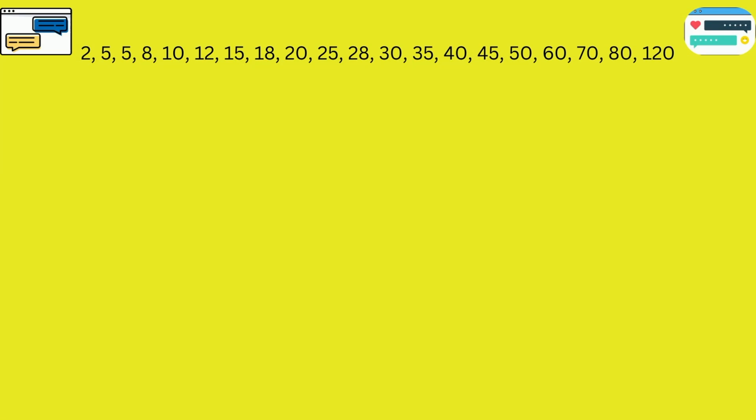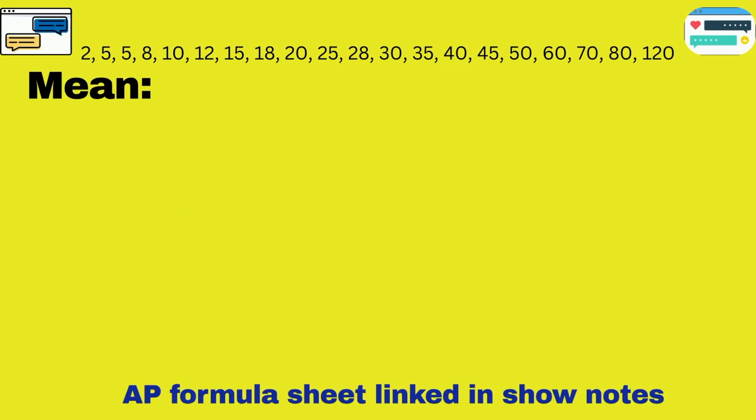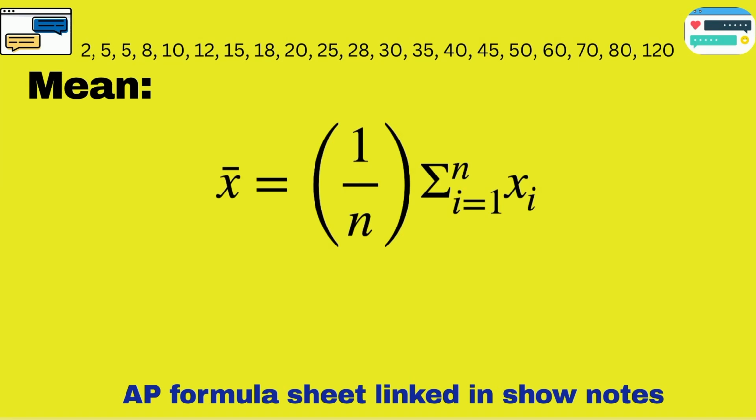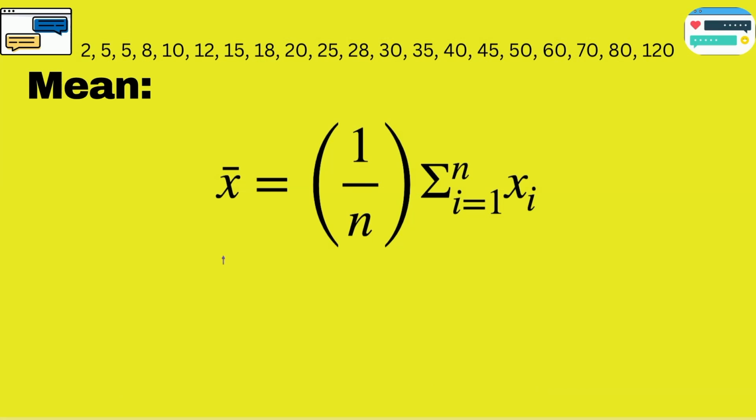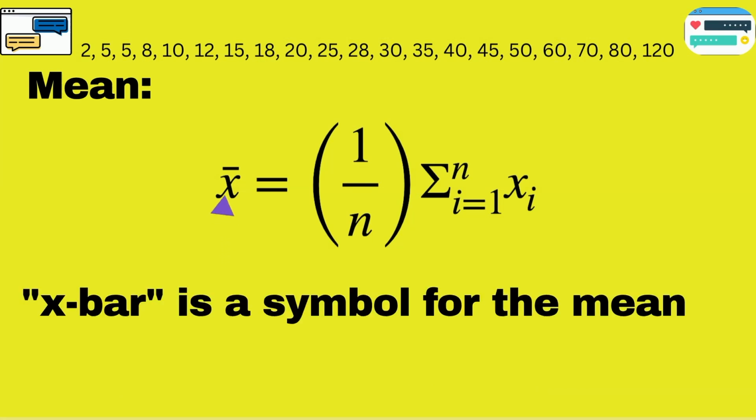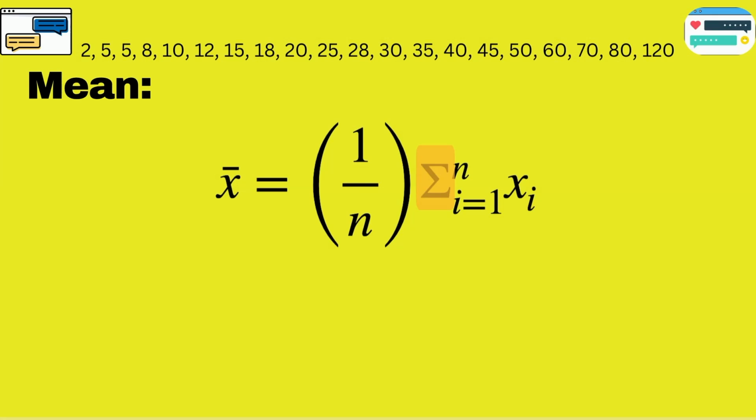First, let's calculate the measures of center, the mean and the median. We'll calculate the mean first. The formula for the mean is available in the AP Statistics formula sheet, but it looks a little strange. It gives you this formula: 1 over n times this symbol, which is a capital sigma, and then it has this xi and n thing.